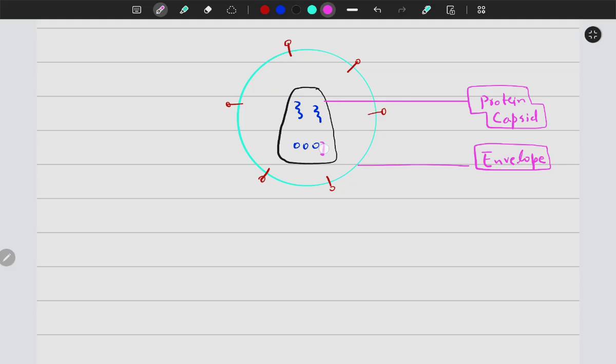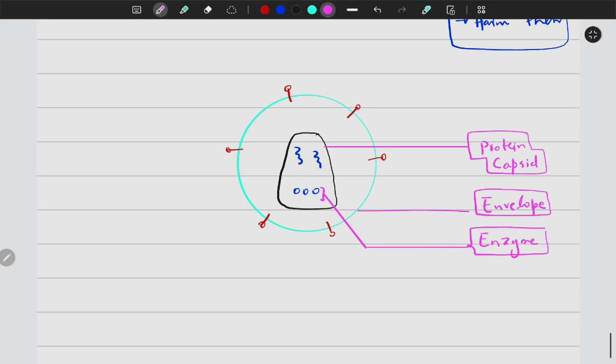These are some of the enzymes which the virus would use for replication. This is the genome, right? So the genome, in this case, is made up of RNA, two copies of RNA. This is not double-stranded RNA. This is two separate copies of RNA.